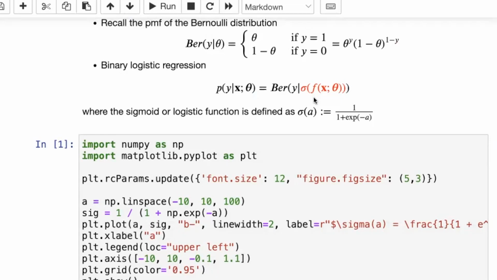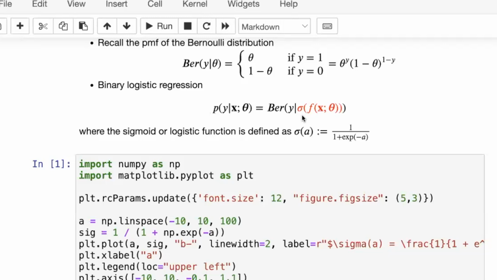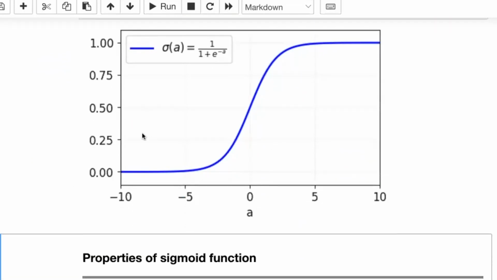Therefore, in this model, we assume that we can have any function of x parameterized by this theta. But after we find this function, we have to pass it through this sigmoid or logistic function. And this function, if you look at the y-axis, is always from 0 to 1, which means that now we get a valid probability score. So that's one very important piece here.